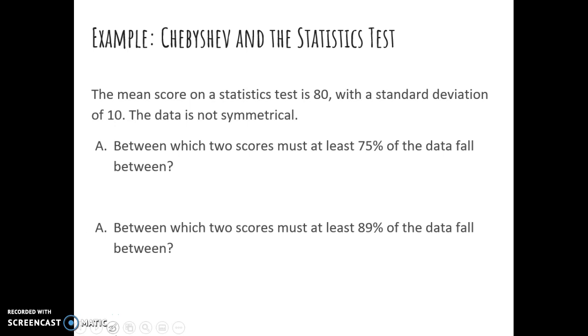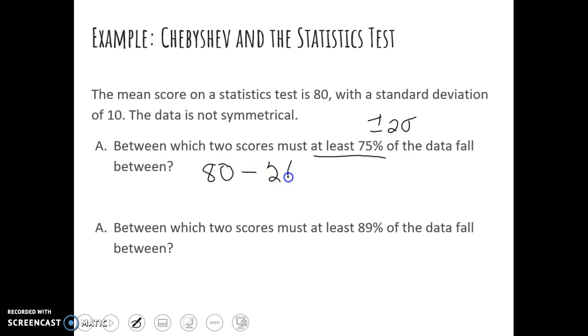So at least 75% of the data, that's 2 standard deviations above and 2 standard deviations below. So I'm going to start with the mean, which is 80, and I'm going to subtract 2 standard deviations. The standard deviation is 10. So I'm going to say 80 minus 20, and I'm going to get 60.